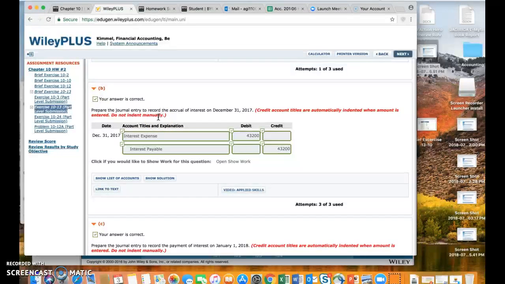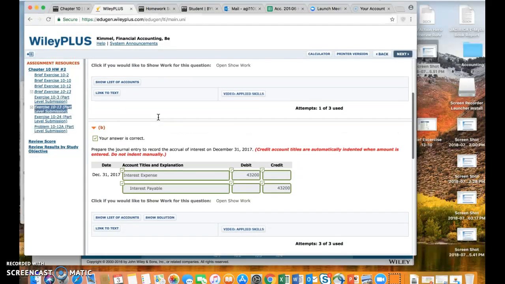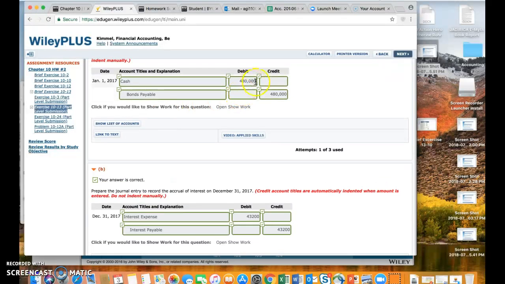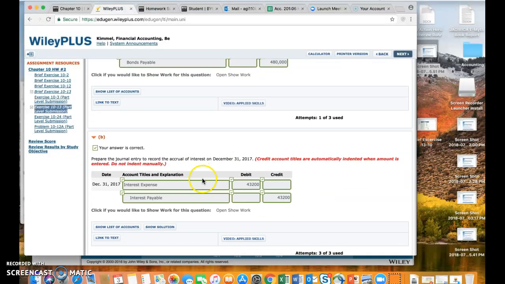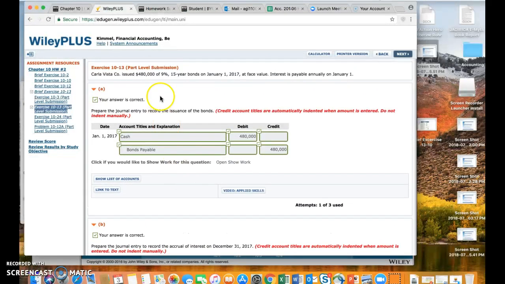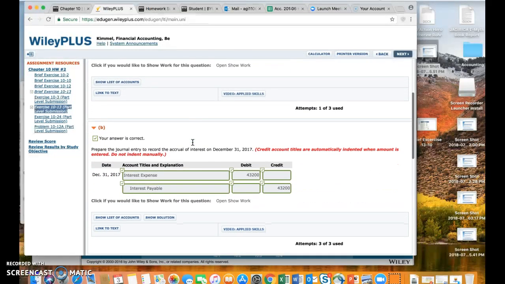The B part asks us to prepare the journal entry to record the accrued interest as of December 31st. So basically, December 31st is a year later. If we take the face value figure, which is 480,000, and multiply it by 0.09, which is the interest rate percentage, we're going to have 43,200.